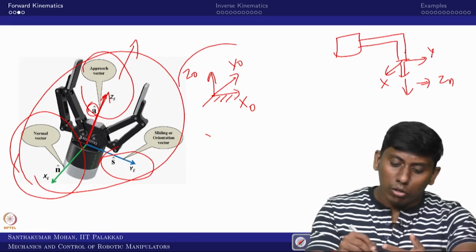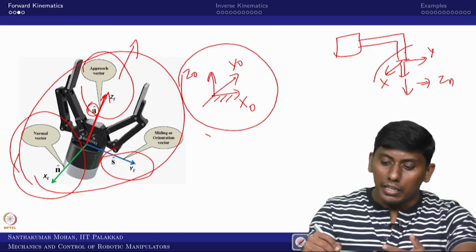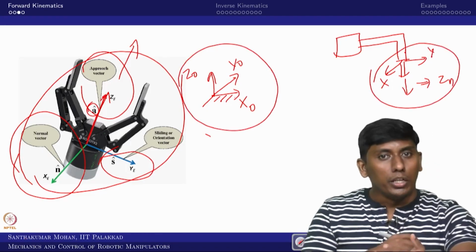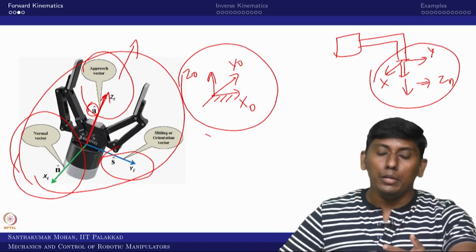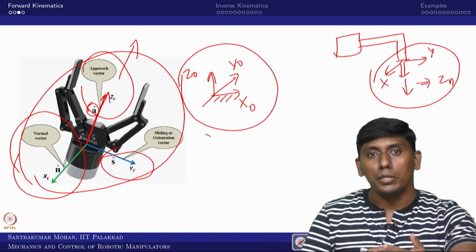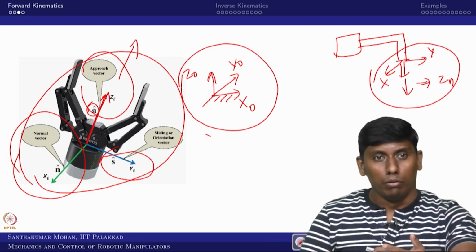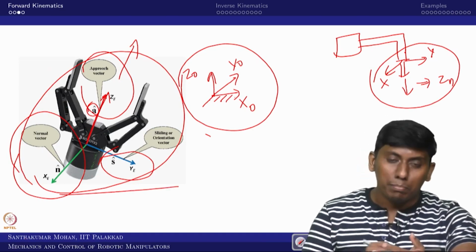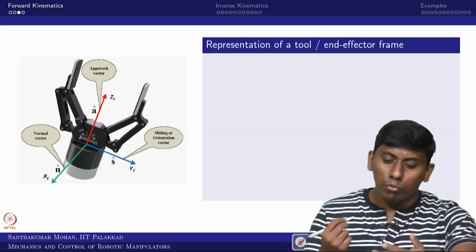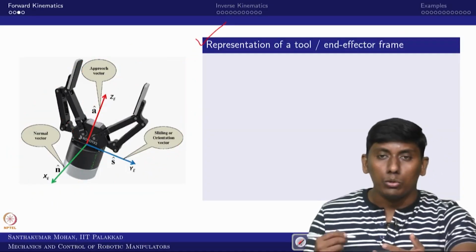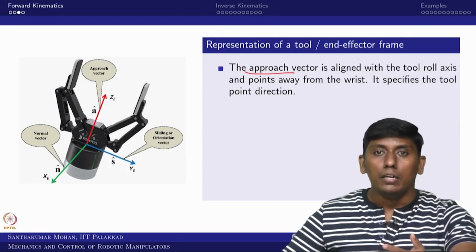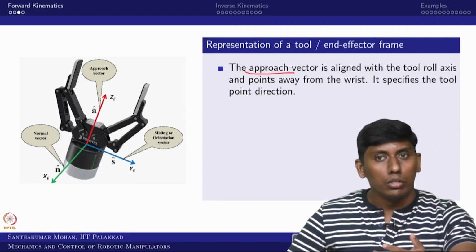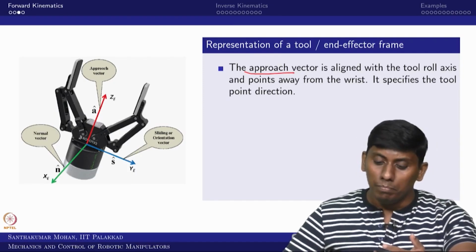Now you can see the base also you make standardized, and the end also you make standardized. In the middle you can take any convention, finally you want the base to end information, right. So that would be in a uniform form. That is what this particular attempt is. In order to make it a standardization, in the representation of a tool or end effector frame, first we make an approach vector which is aligned to the tool roll axis if it is a tool.